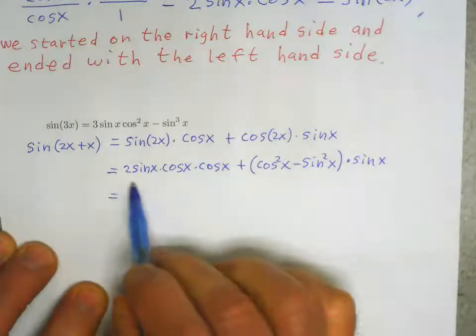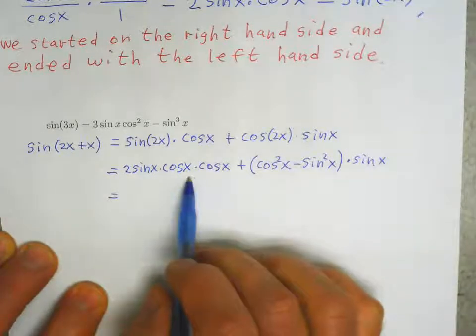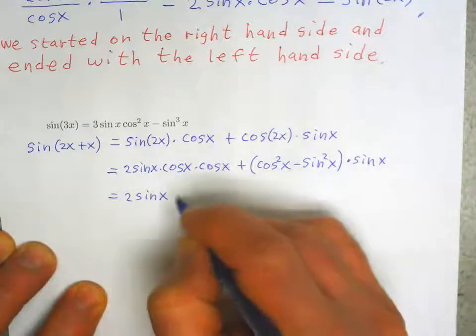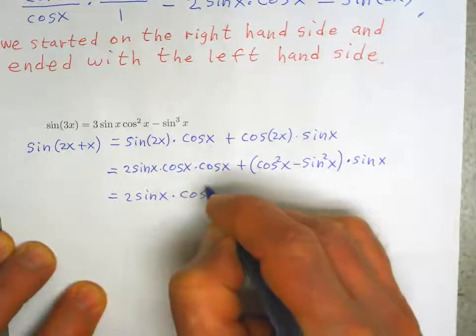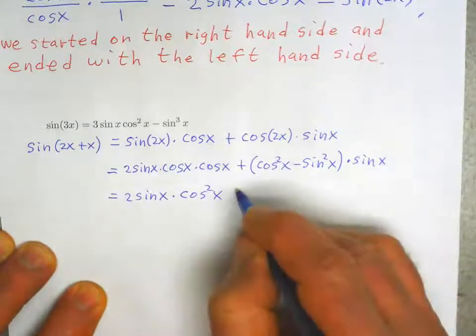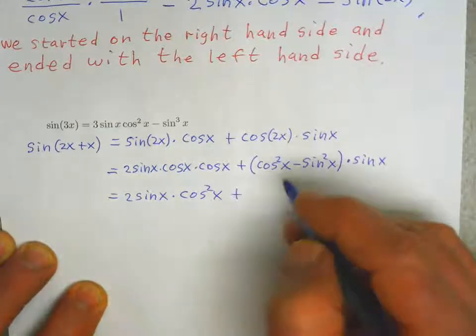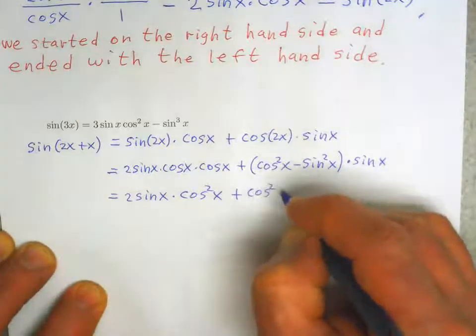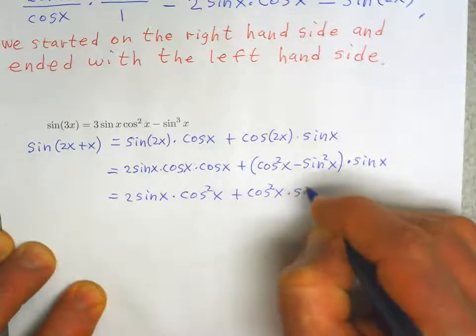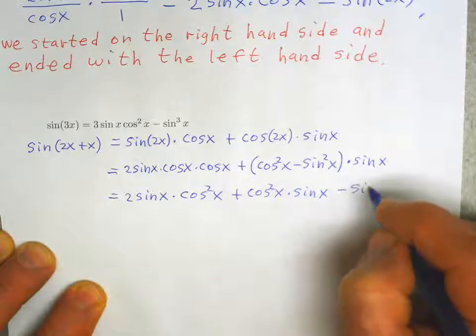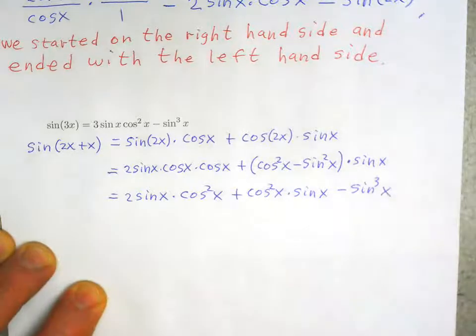Okay, next, here on this part, when we multiply cosine of x times cosine of x, we get cosine of x squared. On the right-hand side, we'll distribute multiplication by sine of x. So we get cosine of x squared times sine of x, and then minus sine of x to the third power.